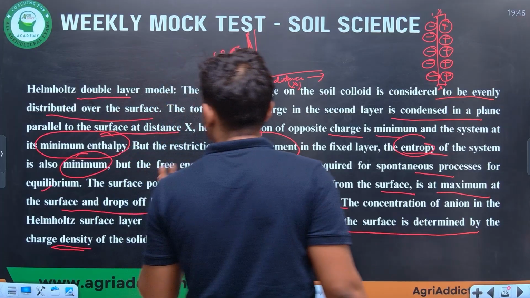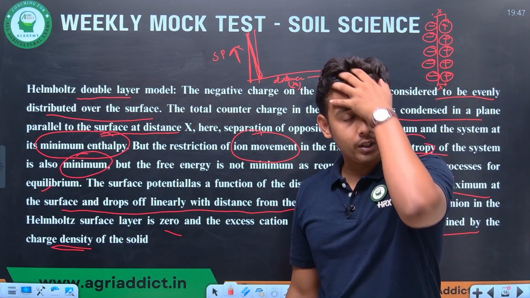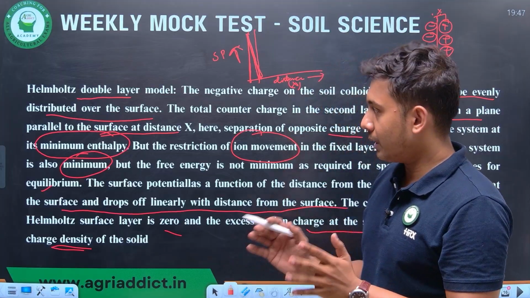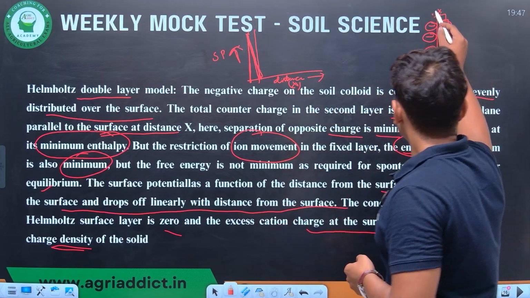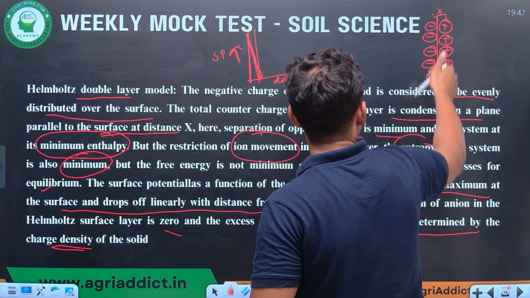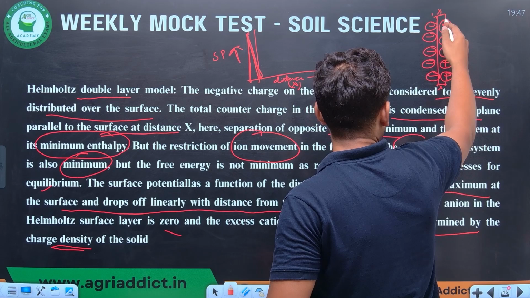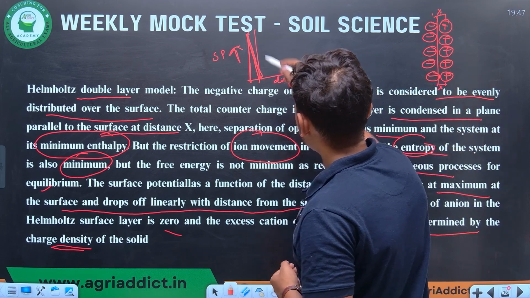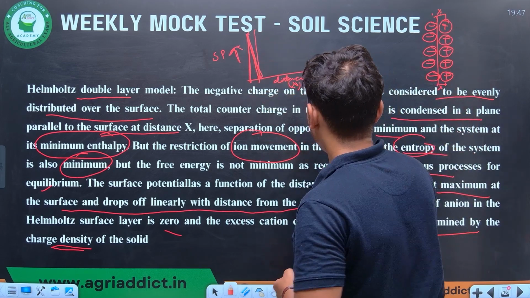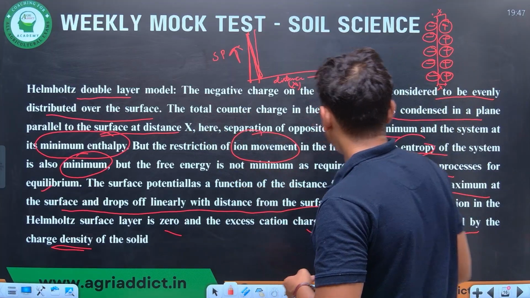So from this Helmholtz layer, three major important points are there. The first point is that it is the double layer theory where the surface has the common equivalent charge, an evenly distributed charge. Then come the cations, and when the enthalpy and the entropy are counted, both are minimum.